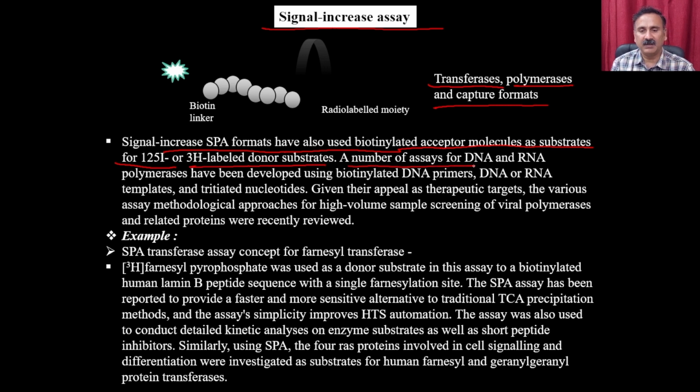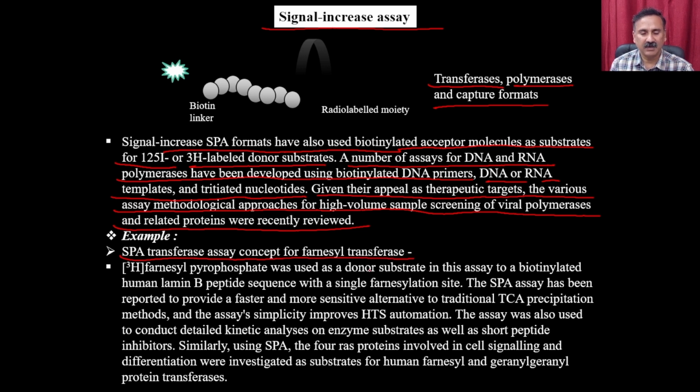A number of assays for DNA and RNA polymerases have been developed using biotinylated DNA primers, DNA or RNA templates, and tritiated nucleotides. Given their appeal as therapeutic targets, various assay methodologies have been approached for high volume screening of viral polymerases and related proteins. For example, you can use the SPA based transferase assay for the farnesyl transferase.